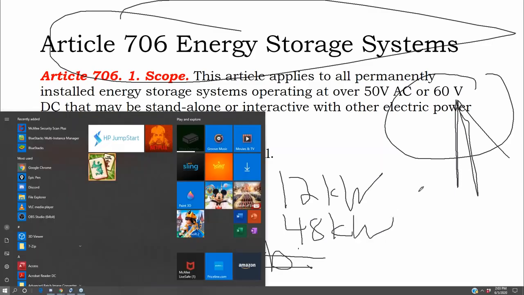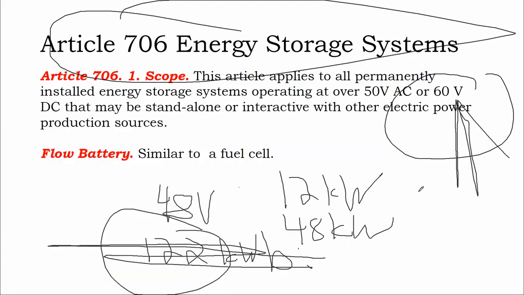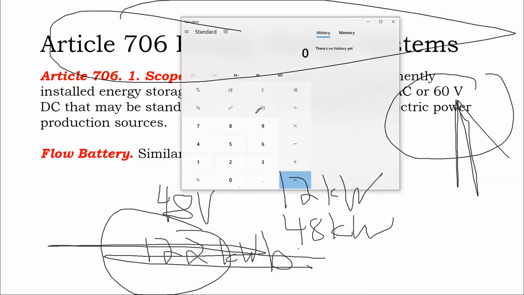Let's pull up our calculator and do some amperage calculations. Let's say I'm designing a battery system for a whole home, and that whole house is a 200 amp service panel. You have to remember that that's 200 amps at 240 volts, and a volt times an amp is a watt. And so your home service panel is 48 kilowatts.